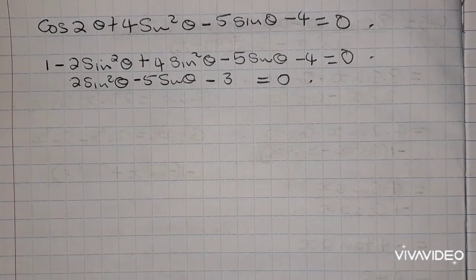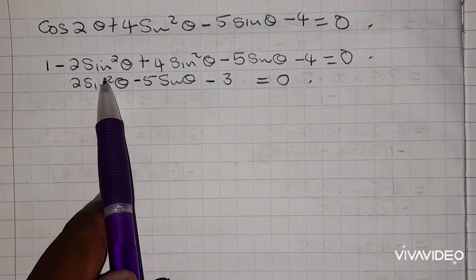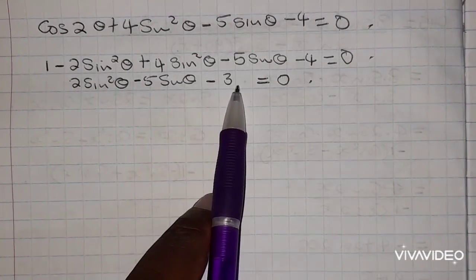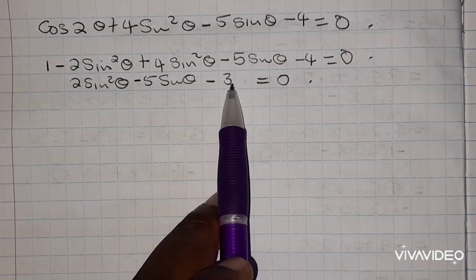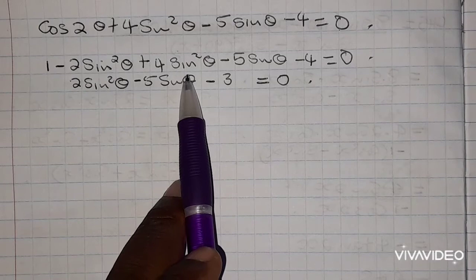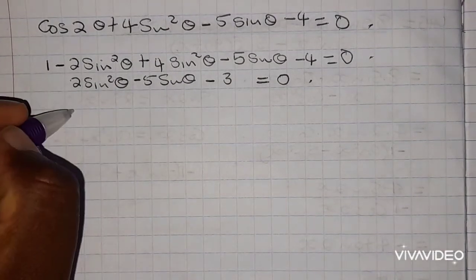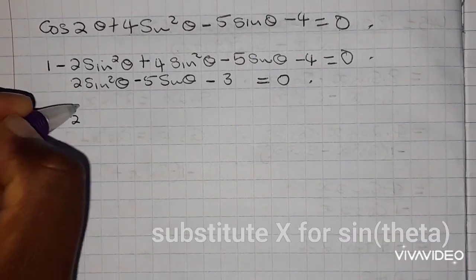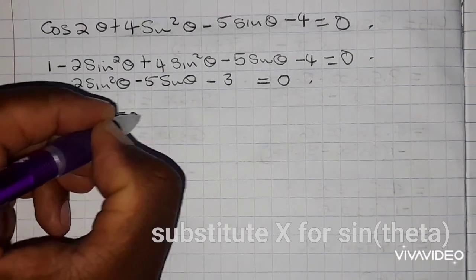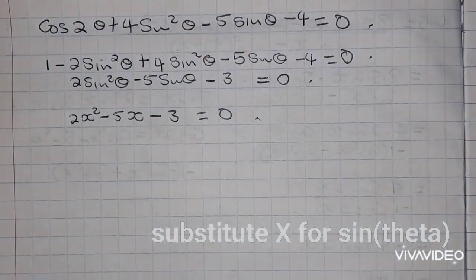I want you to notice that we have 2 sine theta squared minus 5 sine theta minus 3 equals 0. This is now a quadratic equation which we can write as 2x squared minus 5x minus 3 is equal to 0.